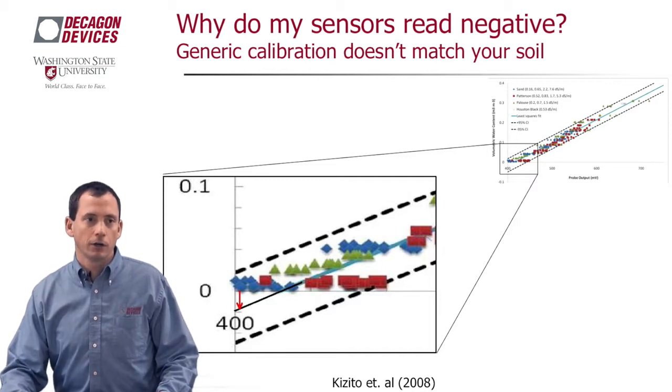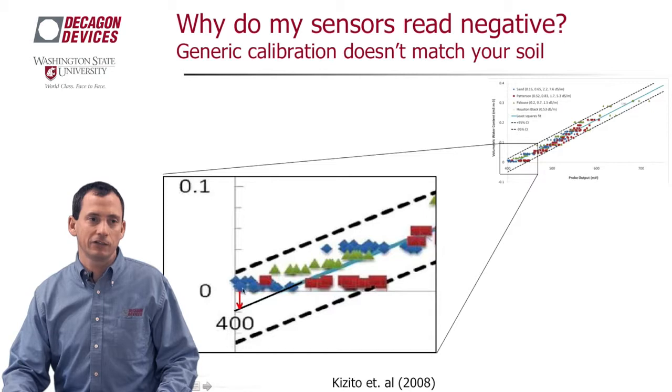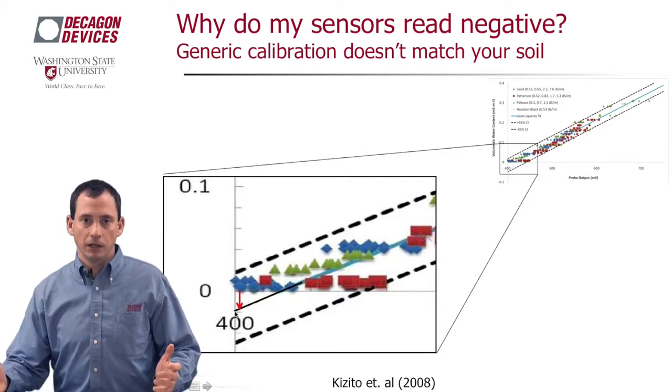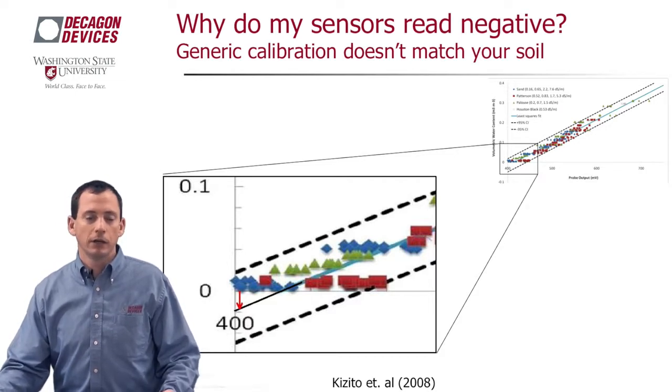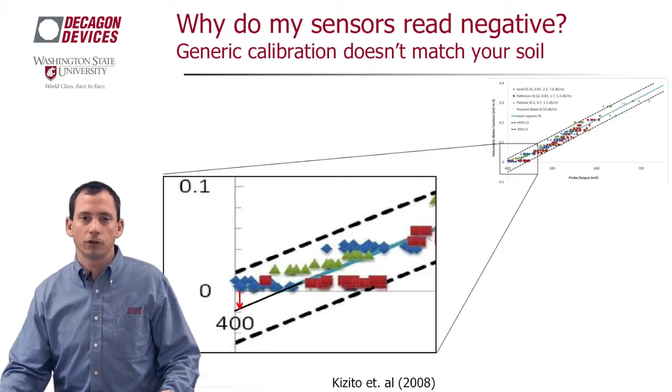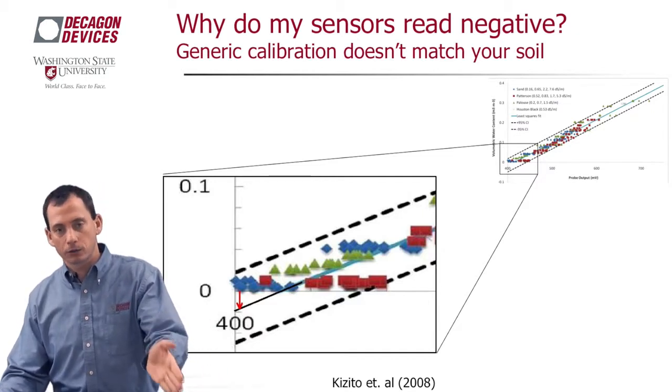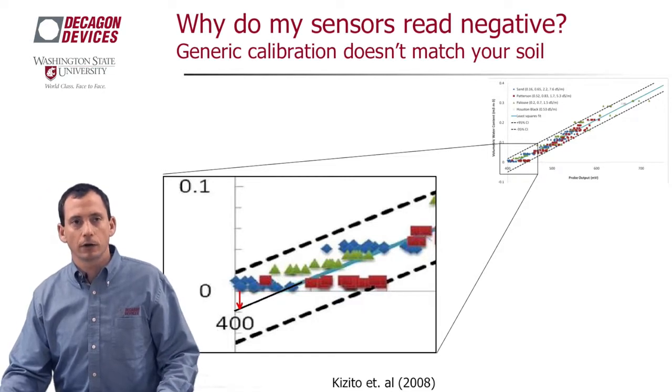If you extend our generic calibration all the way down to the sensor output, in this case 400 millivolts, that you'd see in this sandy soil when very dry, that relationship predicts negative 2% water content. So if you're seeing a negative 1 or 2% water content in a very dry soil, this may just be related to the relationship you're using to get from dielectric permittivity to volumetric water content.